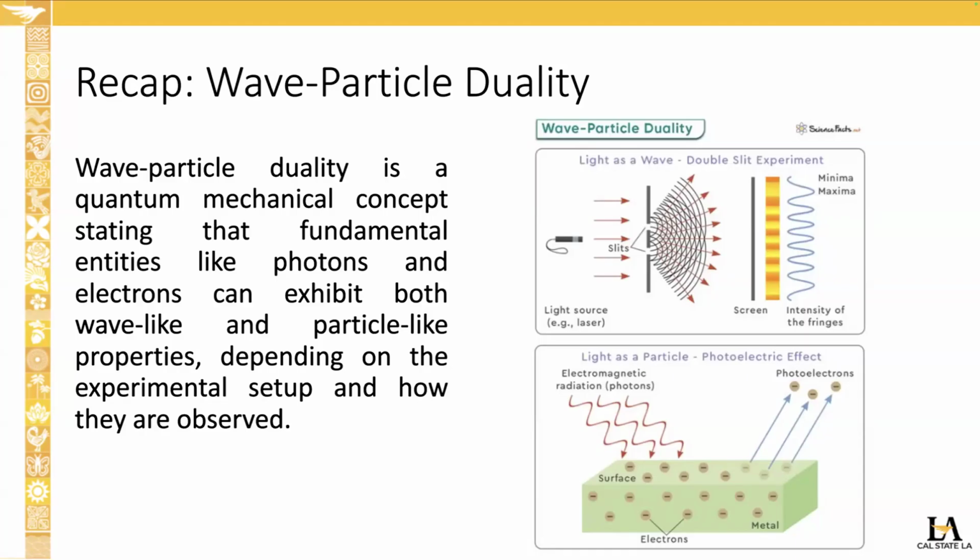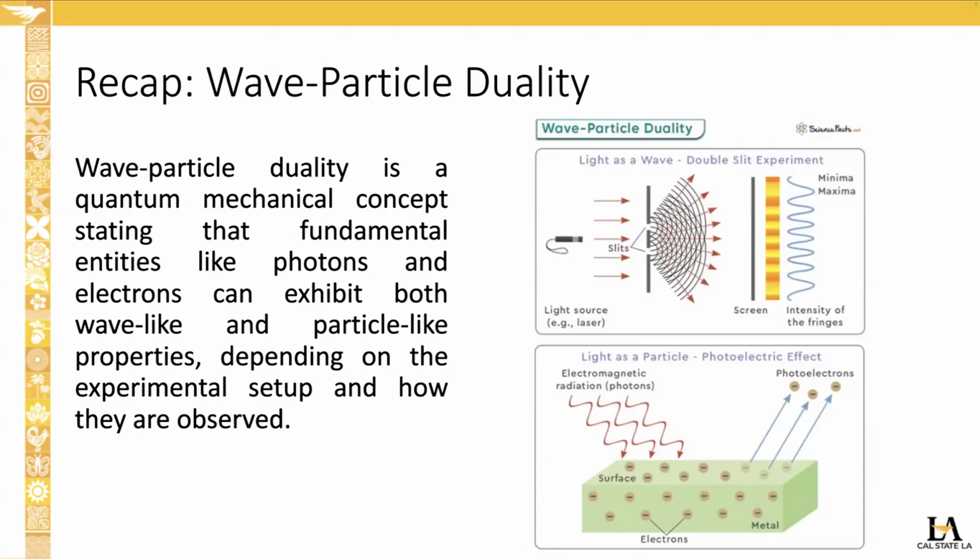But what we need for this course is just the definition of wave-particle duality, which is a quantum mechanical concept stating that fundamental entities like photons and electrons can exhibit both wave-like and particle-like properties.